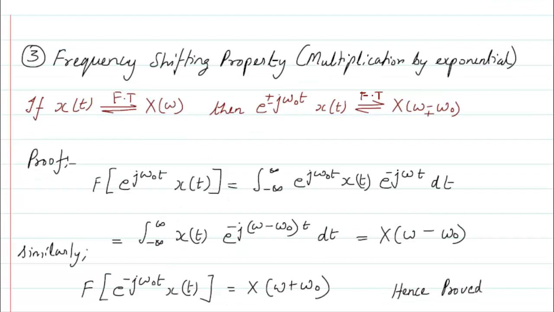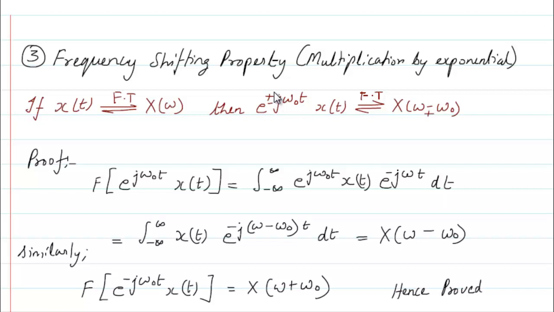Next, we go to the frequency shifting property. It says that if there is a function x of t whose Fourier transform is x of omega, then multiplying x of t with e raised to power plus or minus j omega naught t will result in the shifting of the frequency spectrum. So x of omega will basically shift to minus or plus omega naught.